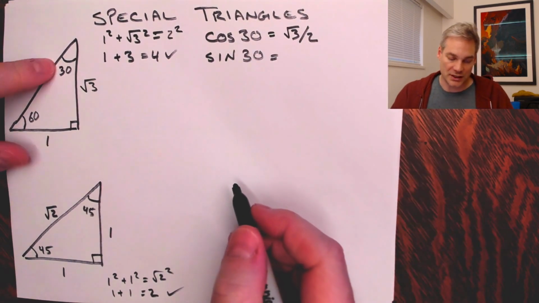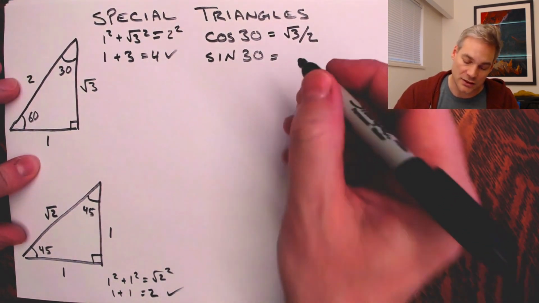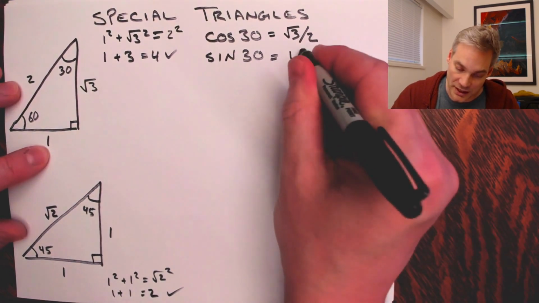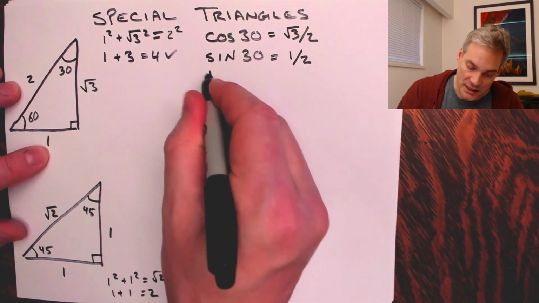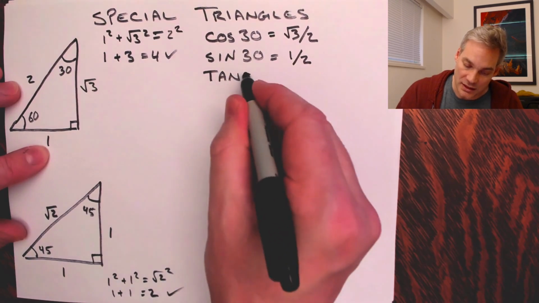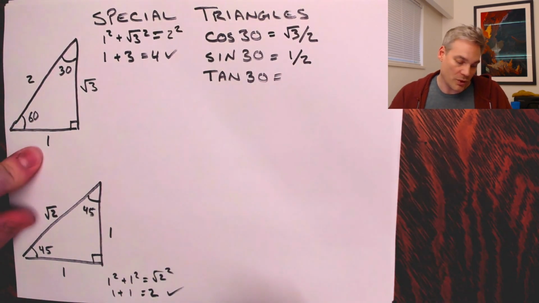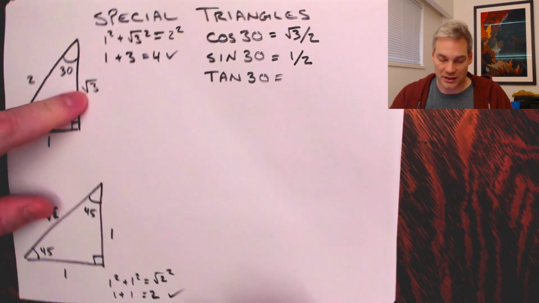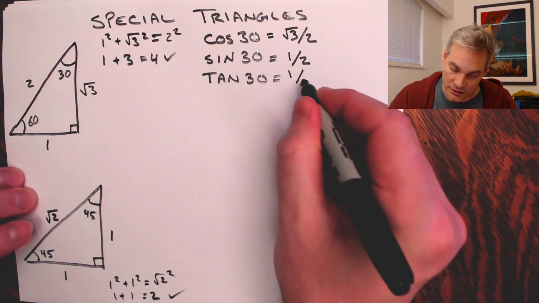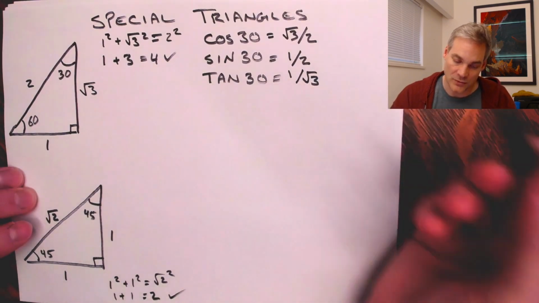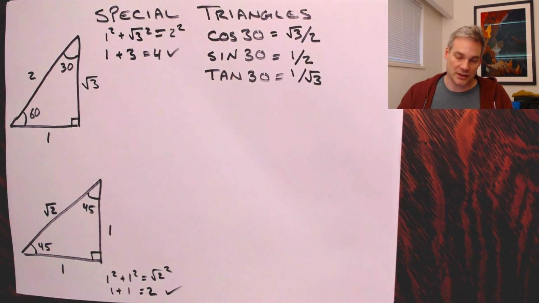Sine of 30 is the opposite over the hypotenuse, which is 1/2. The tangent of 30 is the opposite over the adjacent, which is 1 over root 3. Okay, so that's pretty quick. We just found all the trig functions at 30 really quick.